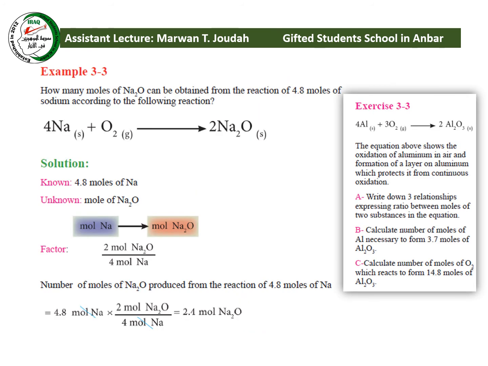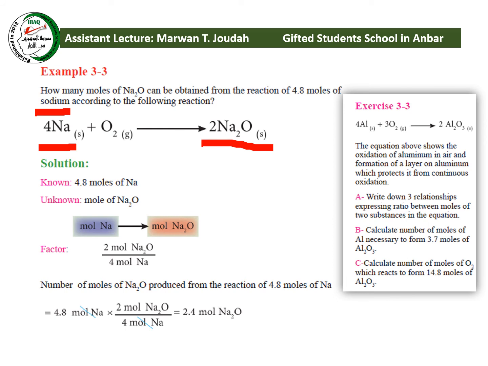Now, example 3. How many moles of Na2O can be obtained from the reaction of 4.8 moles of sodium according to the following reaction? The missing here is the number of moles of Na2O, the product. Sodium is known, so I will use sodium to get the Na2O, sodium oxide.